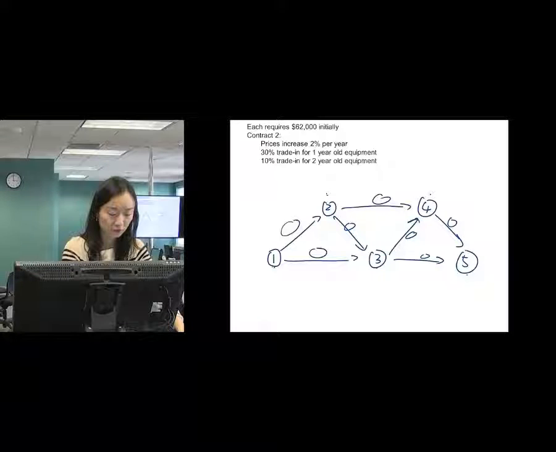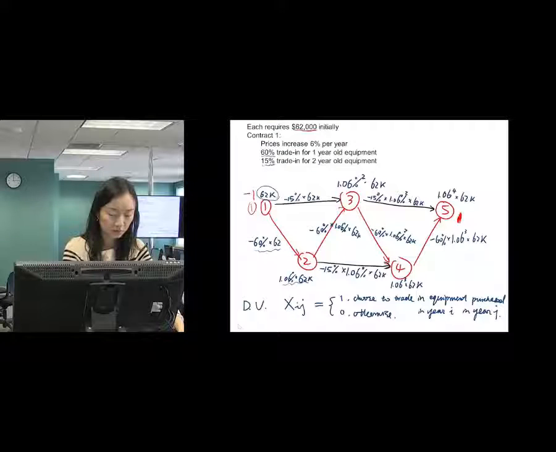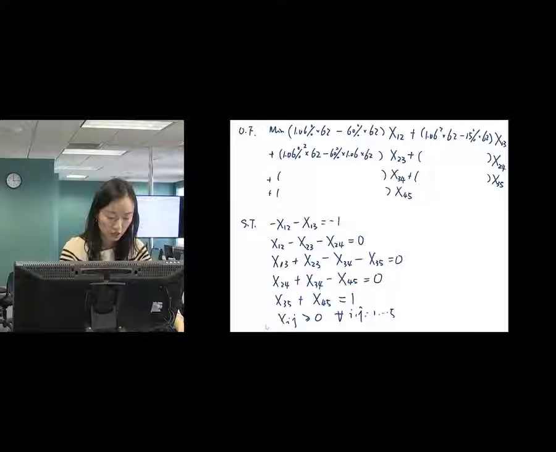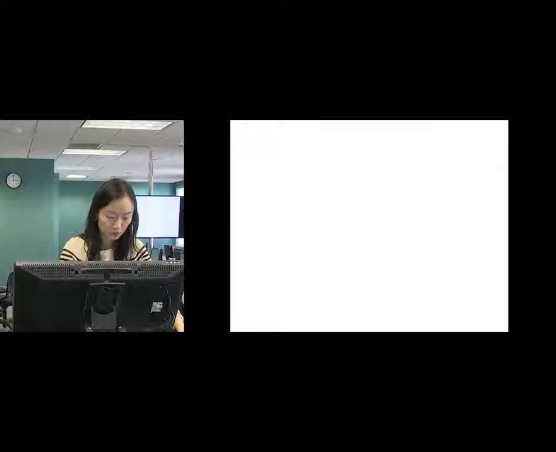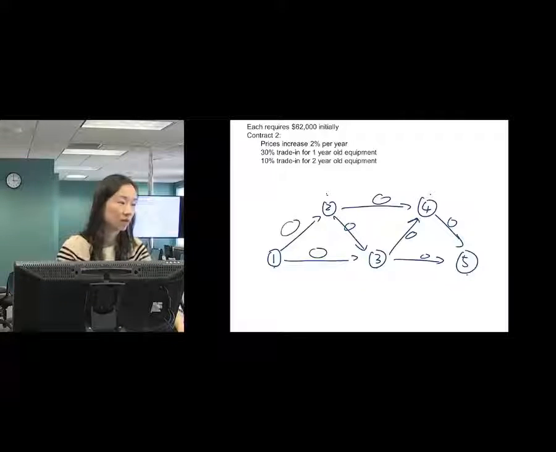Follow the same logic. Just change the 6% to 3%, the 60% to 30%, and this 15% to 10%.